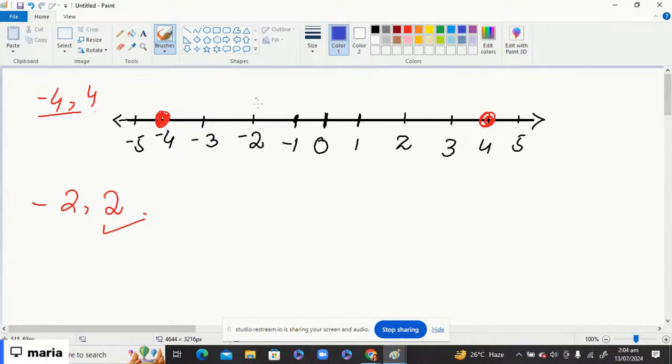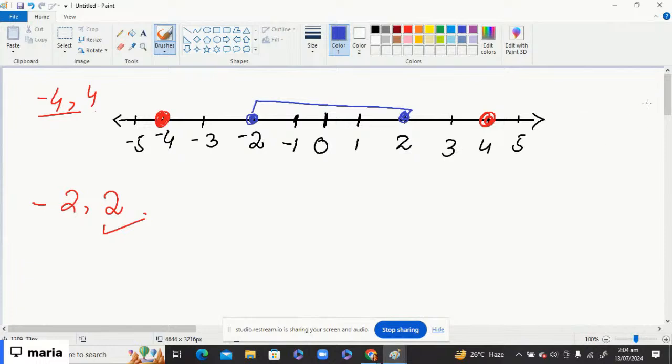As we know, here is the plus 2, here is the minus 2. The plus 2 lies on the right side of the 0, and negative 2 lies on the left side of the 0. Here is the position of 0. We will always check that position, and then we just mark it.